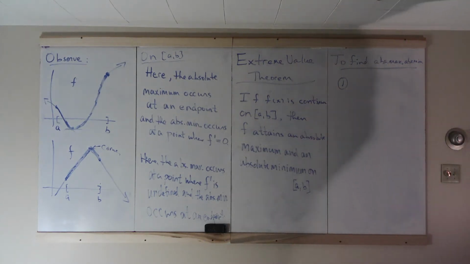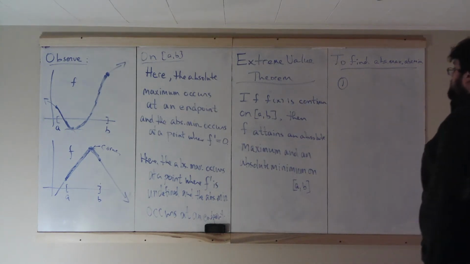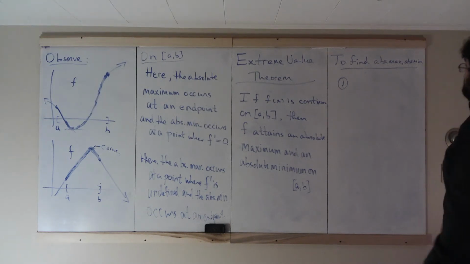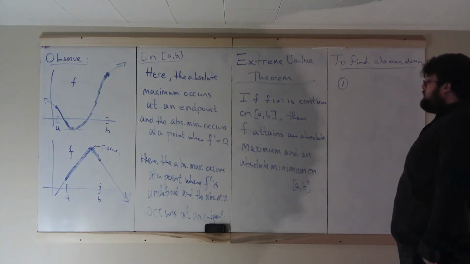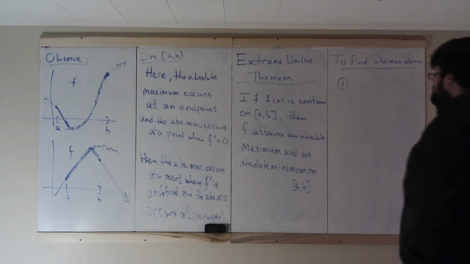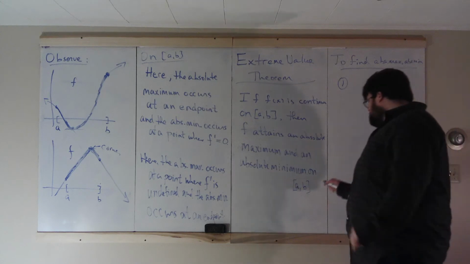But before doing that, let's state the extreme value theorem. If f is continuous on the closed bounded interval, bounded meaning it doesn't go out to infinity, on the closed and bounded interval a to b, including the endpoints, then f attains an absolute maximum and an absolute minimum somewhere on a to b.